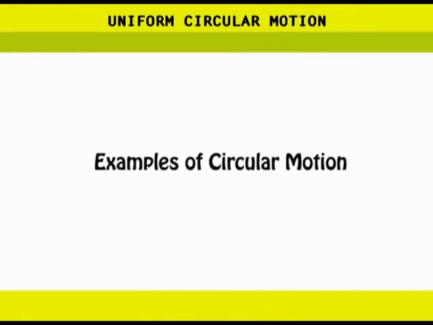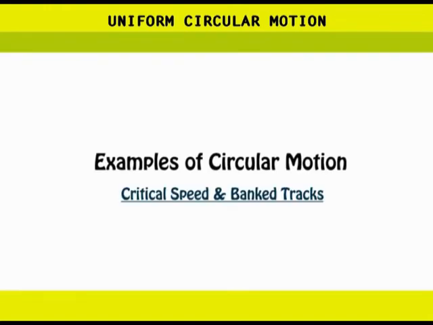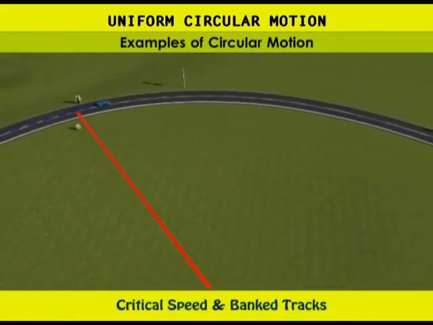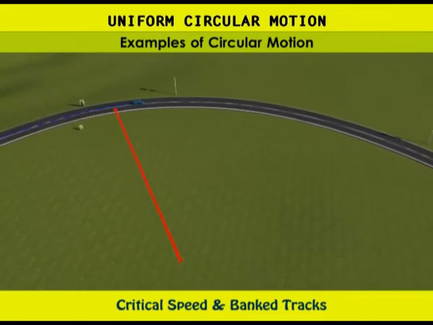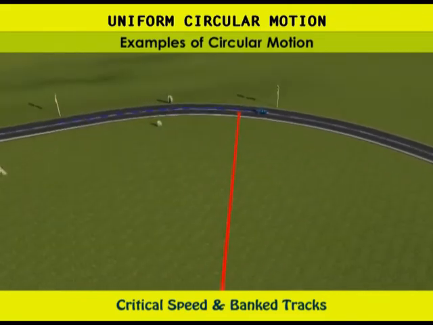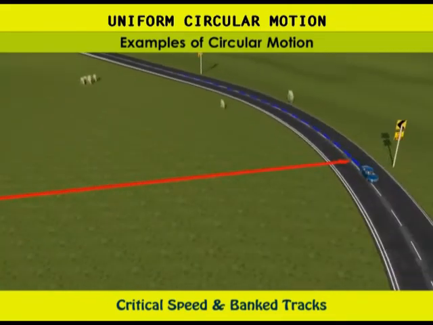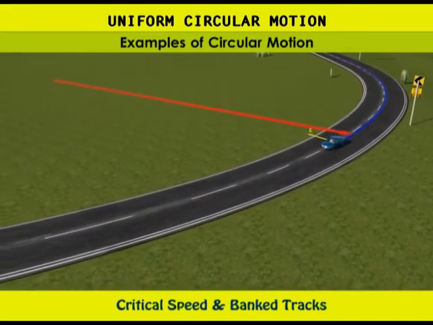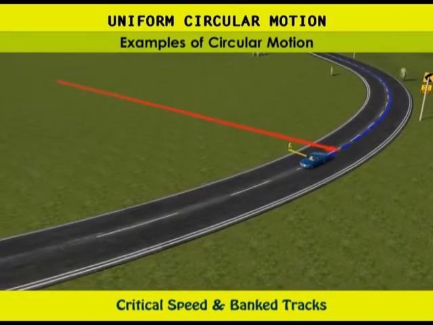Next, let's look at some examples of circular motion. We start with critical speed and banked tracks. Now, when a car takes a turn, each curved section can be estimated to be an arc of a circle with a certain radius. A centripetal force must act towards the center of the circle to enable the vehicle move along it.